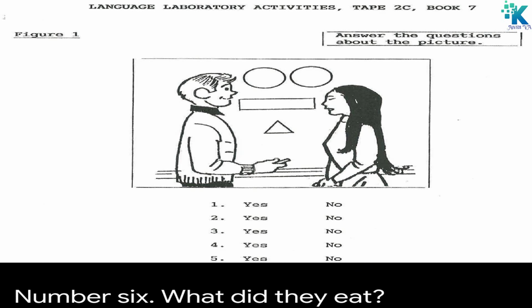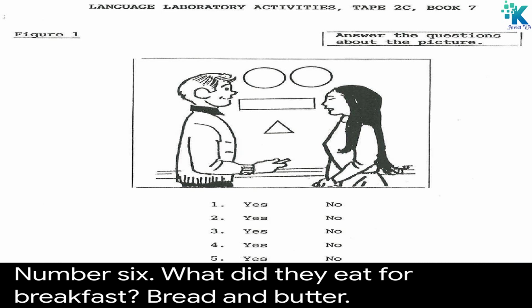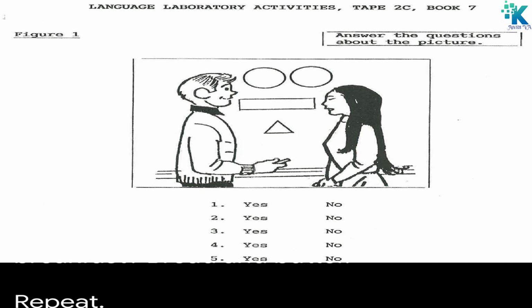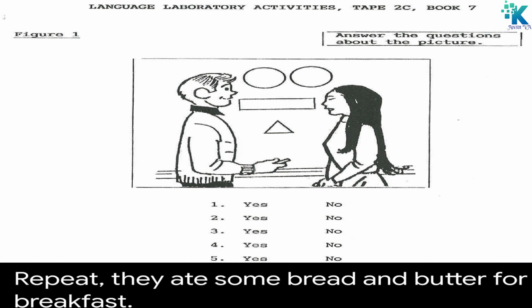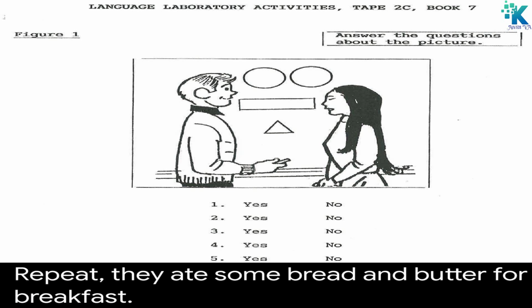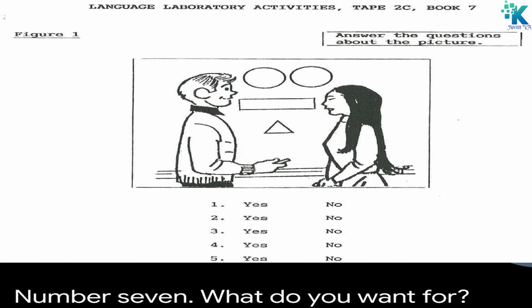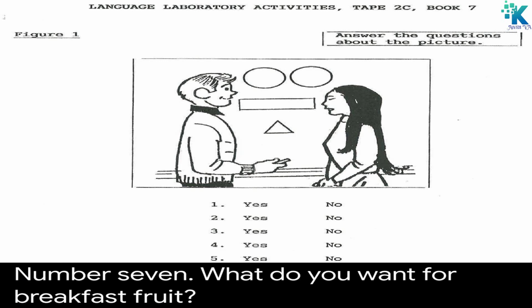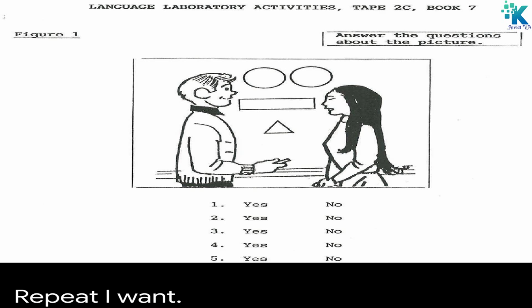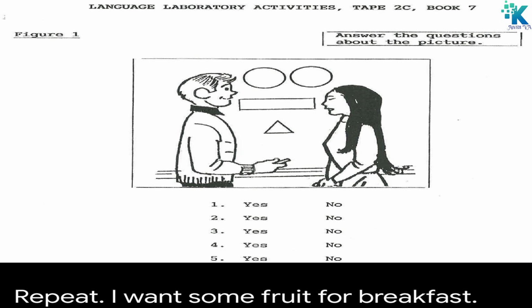Number 6. What did they eat for breakfast? Bread and butter. Repeat. They ate some bread and butter for breakfast. Number 7. What do you want for breakfast? Fruit. Repeat. I want some fruit for breakfast.